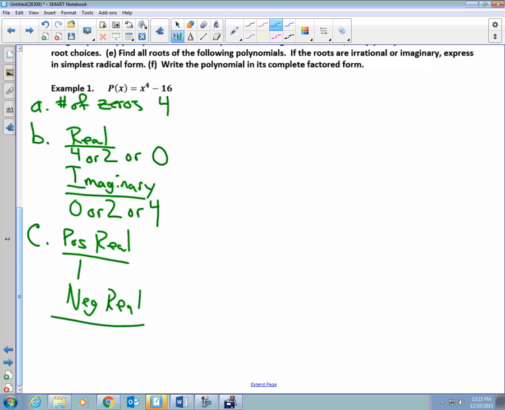Let's find out how many negative real solutions there may be. I do P of negative X. If I plug in a negative X, does X to the 4th change? No, so I have X to the 4th, and the minus 16 doesn't change either. How many sign changes do you have? 1. So you're guaranteed to have 1 positive, and you're guaranteed to have 1 negative. True or false? I could have 4 real solutions.